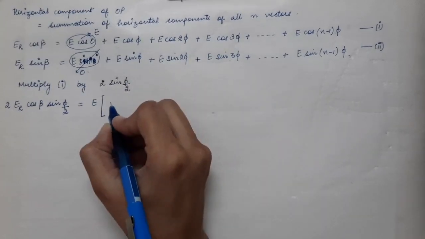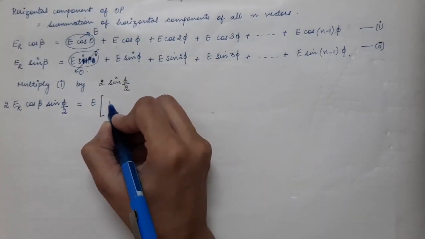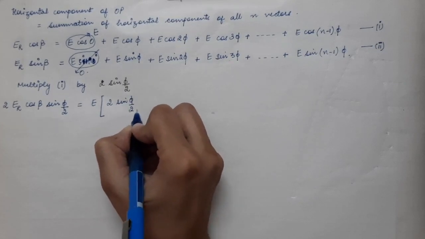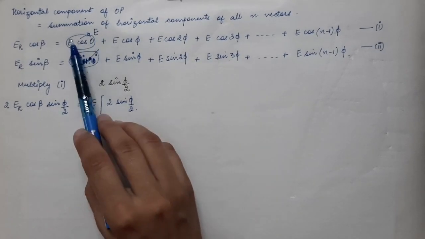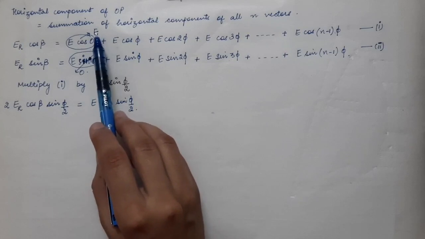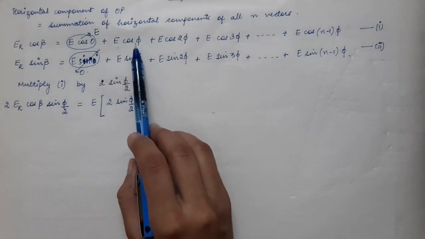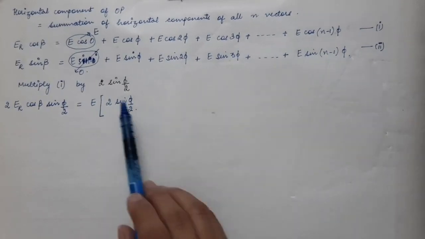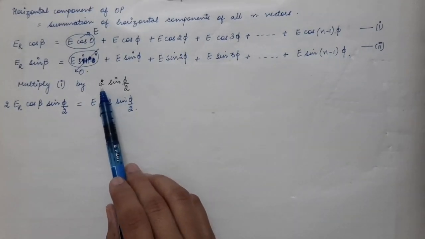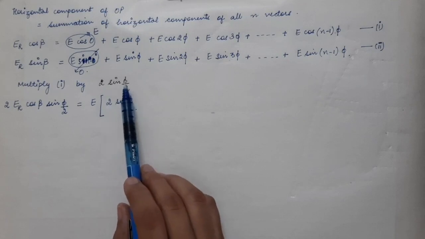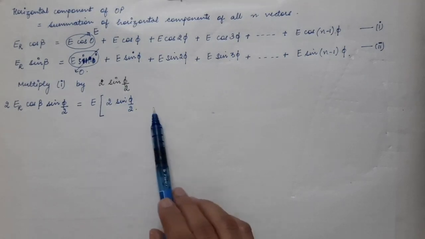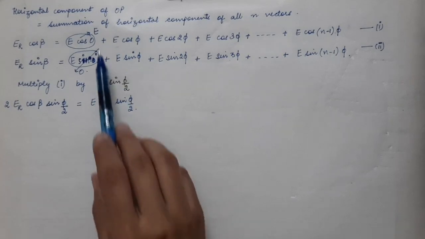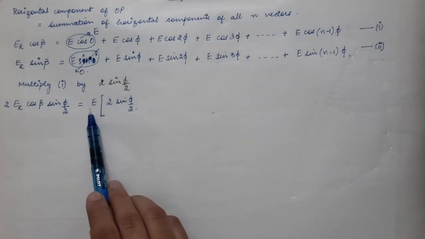So what we will get, the first term will be twice of sine phi by 2. So we have taken E common. So the first term will be 1 plus cos phi plus cos 2 phi plus cos 3 phi and so on. And side by side we are multiplying by twice of sine phi by 2. So with every term you will multiply by twice of sine phi by 2. So what we will get? E will remain as it is outside the bracket.